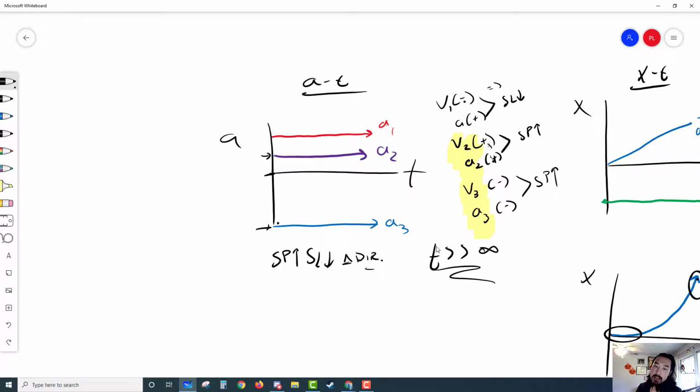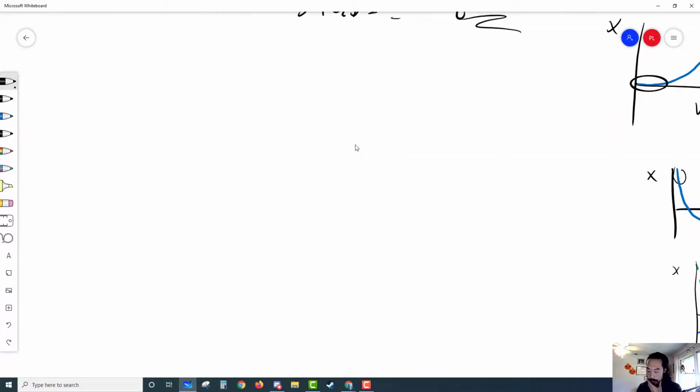So if A3 has a greater acceleration, it must be speeding up at a greater rate. It's getting faster and faster at a greater pace than A2, which doesn't have a bigger acceleration. Cool. Next thing I want to go over are the kinematic equations.